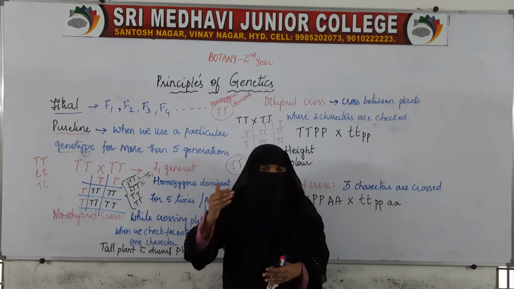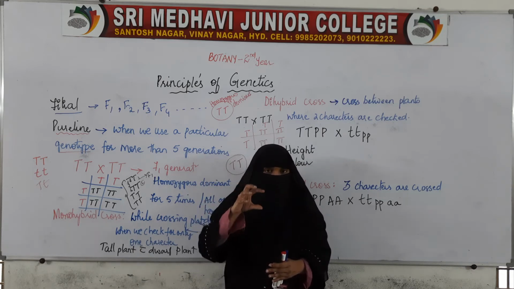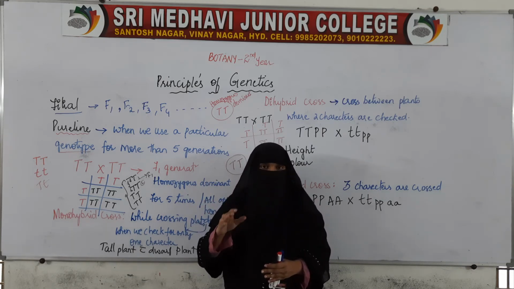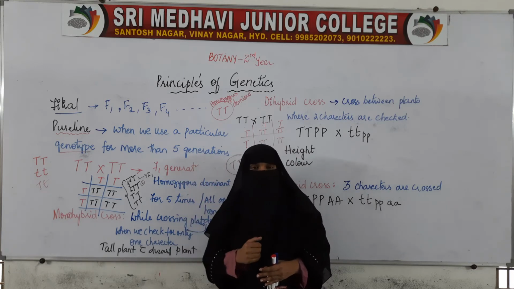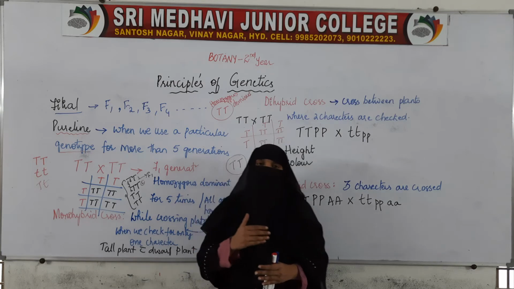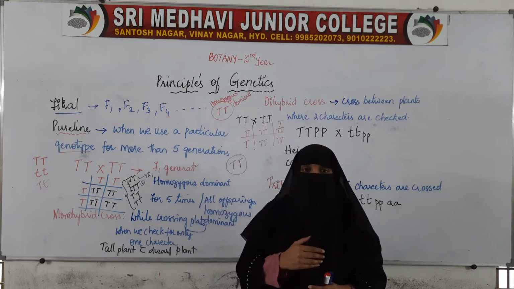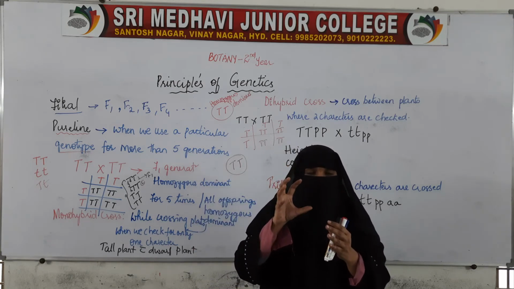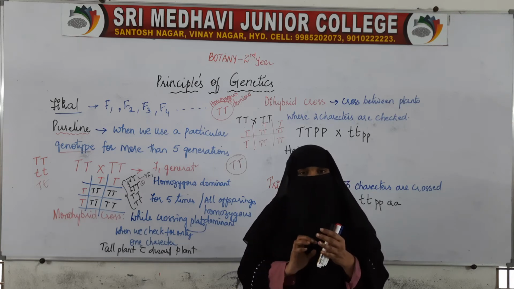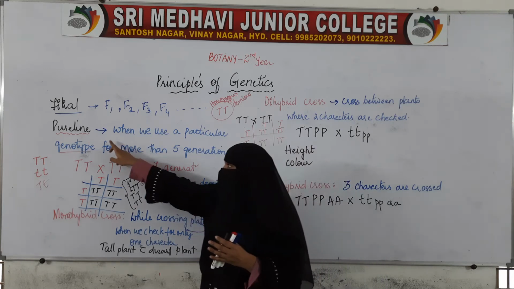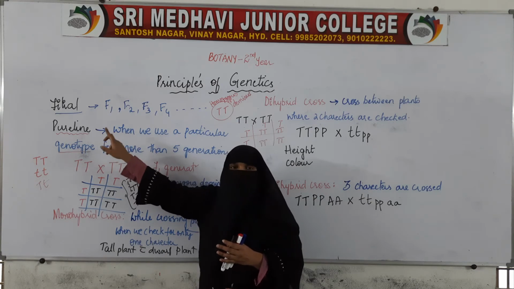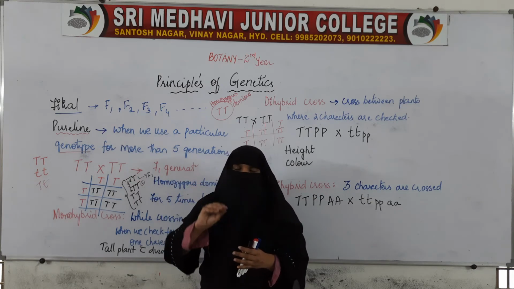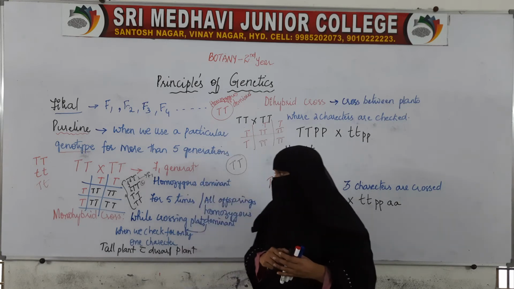At the first generation it was capital T, and after 5 generations also it is capital T and capital T. So what we are getting is pure, both capital T's. This is called a pure line, that is, using the same genotype for 5 subsequent generations.